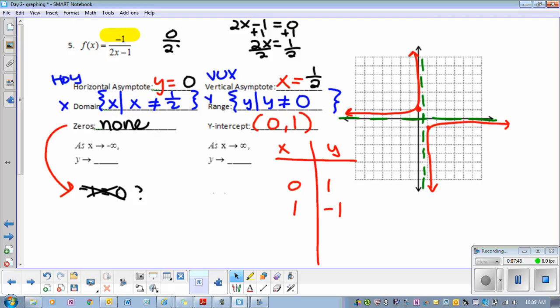Which number? Do you remember? Anyone remember? Yeah, what number goes in here? Horizontal asymptote. Cindy was saying 0, which is perfect. Horizontal asymptote, which is 0, is always your end behavior. Okay?